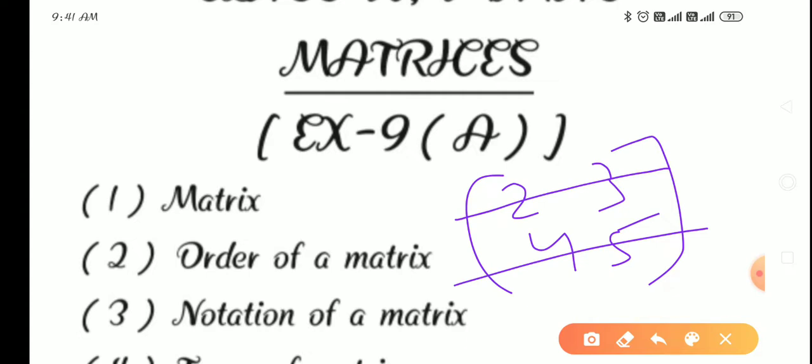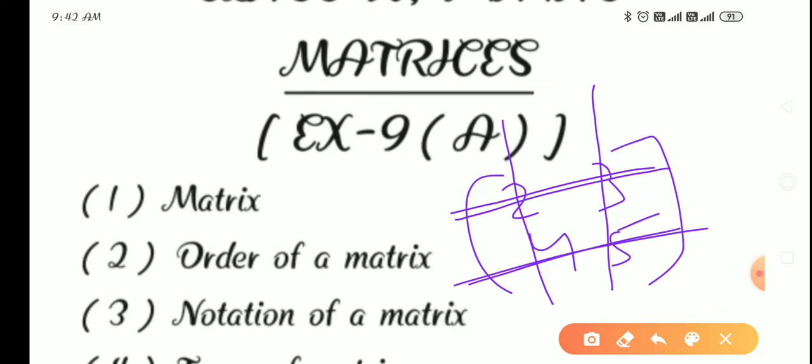Here in this matrix, two vertical lines you can see. 2 and 4 are in one vertical line, 3 and 5 are in the second vertical line. So these vertical lines are called columns. 2 and 3 are in the first horizontal line, 4 and 5 are in the second horizontal line. So these two horizontal lines are called rows.